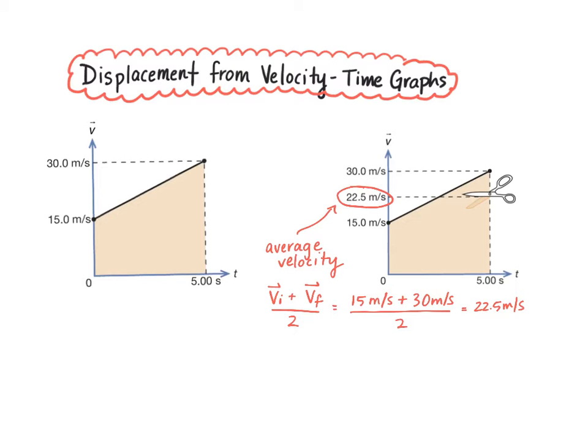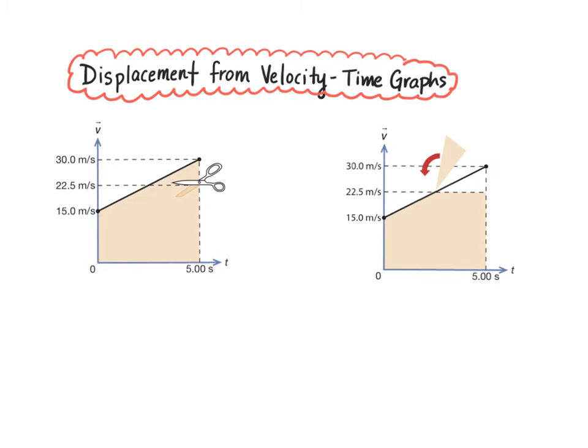You'll notice there's little scissors here, and what we're going to do is cut this section of the graph that's above our average velocity, shade that in red, and we're going to take that and flip it, and it's going to fit perfectly into this blank area underneath our curve.